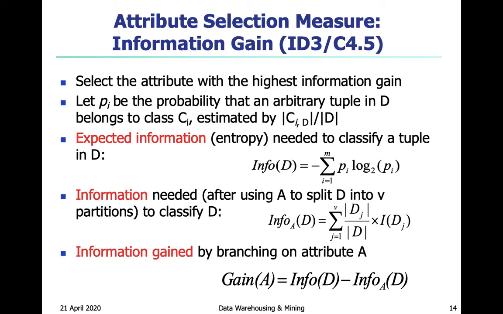Entropy is the measure of randomness or impurity or unpredictability in the data set. And information gain is the measure of decrease in entropy after the data set is split. So we will find the information gain.